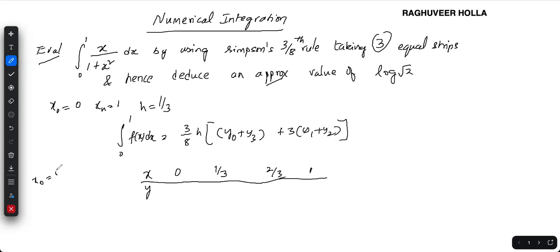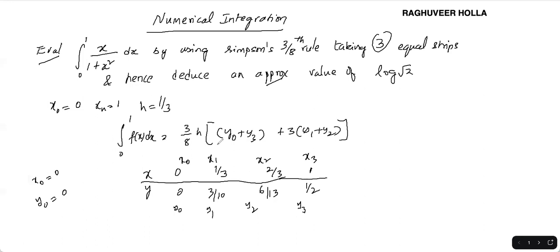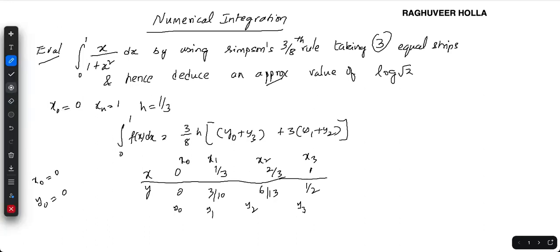So x naught as 0, so y naught as 0. Corresponding to x naught we got y naught, x1, y1, x2, y2, x3, y3. Now let us substitute all this here.